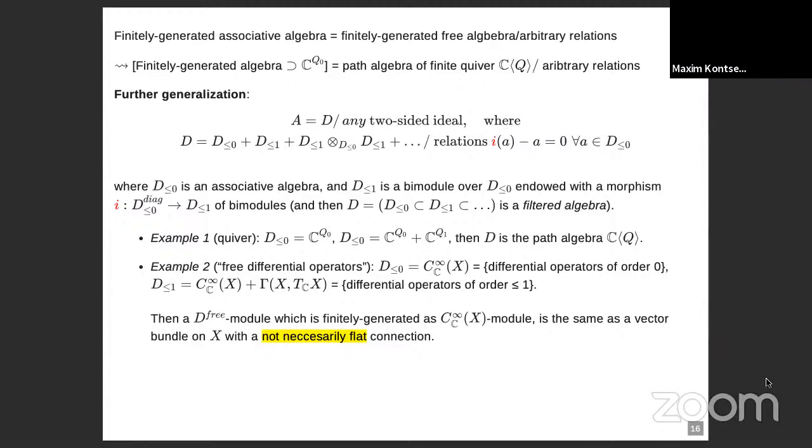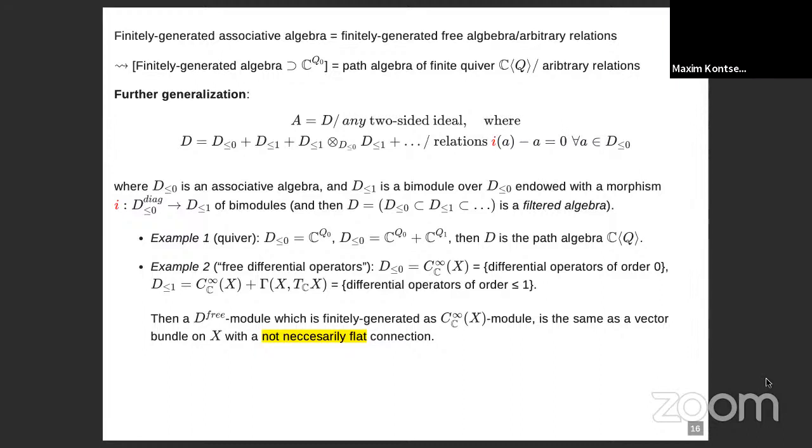which is called free differential operators. In local coordinates, you write expressions in x and d over dx, but the d over dx's are not commutative at all with each other; there is just the Leibniz rule. So you can write x on the left, commutative with each other, and then the d over dx form a free algebra. It's close to what Kapranov considered a long time ago. And so you get these free differential operators.